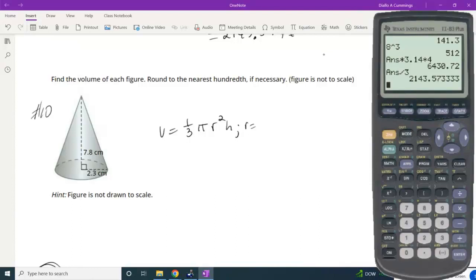And we're going to substitute in the radius as 2.3 and the height as 7.8. Okay, so we have 1/3 times pi, which we're using as 3.14, times 2.3 squared times 7.8.